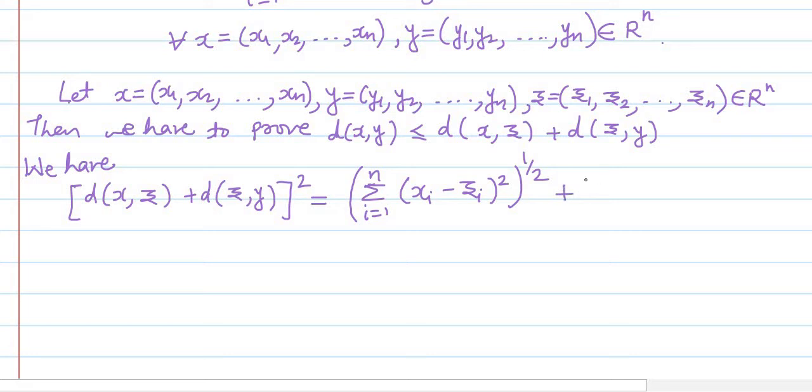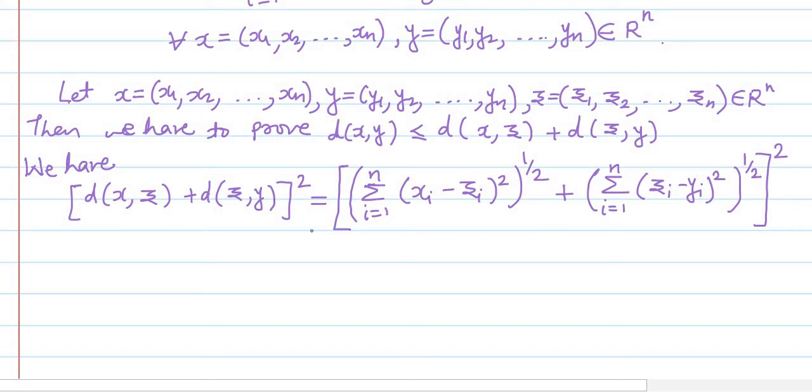Then plus D of z comma y, which is the summation over i equal to 1 to n of (zi minus yi) whole square, whole bracket raised to 1 by 2. And that complete bracket raised to 2 means there is a square.